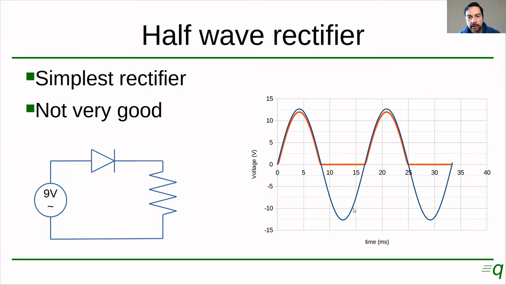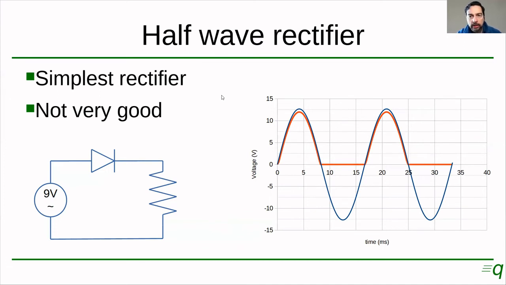So the negative side of the wave has been clipped or eliminated. So this is called a half-wave rectifier because it allows only half of the wave to go through, right? It blocks the other half, and then it allows this half of the wave to go through, and so on.